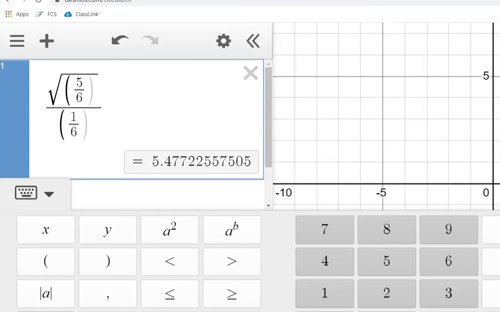So what that means is, on average, I would expect that with many rolls of these two dice, our average rolls would vary from the mean by about 5.48 rolls. Remember, with standard deviation, you should always see the terminology vary from the mean. That means we're dealing with standard deviation.